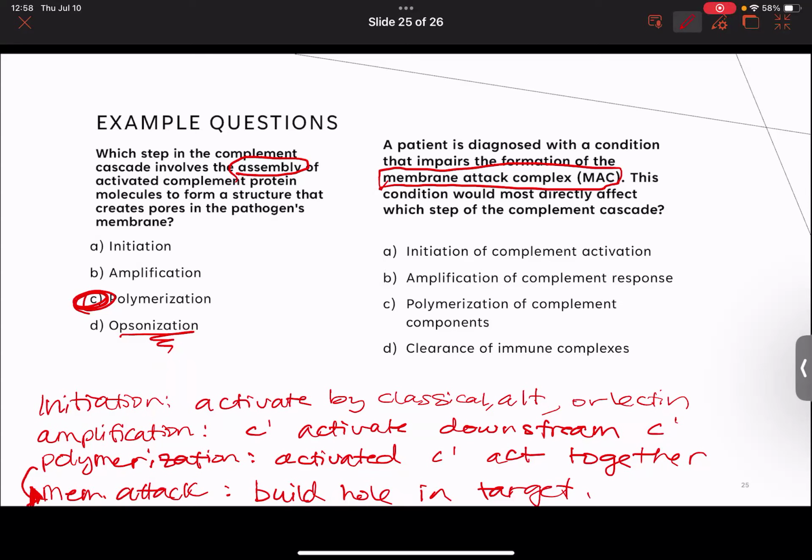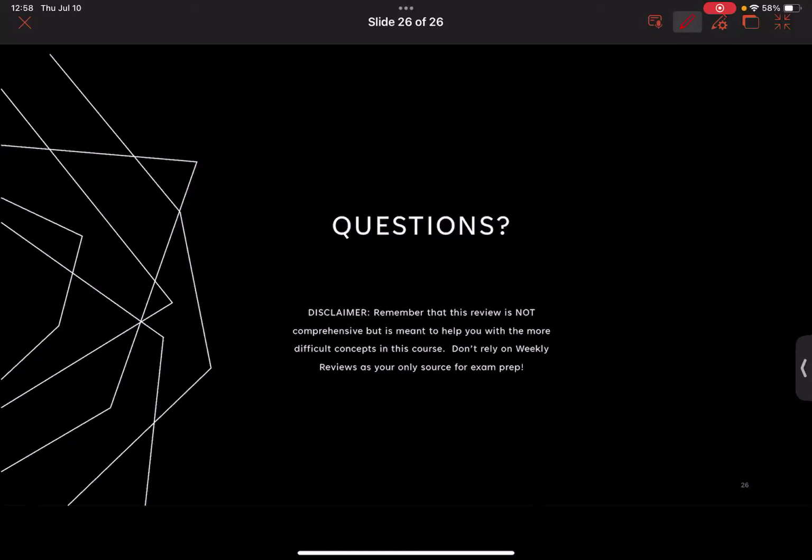So are we having a problem initiating complement activation? That's probably not it. Are we having a problem amplifying? That's also probably not it. It's probably C, polymerizing the complement components into that membrane attack complex, and clearing immune complexes isn't part of the issue here. That's a whole different aspect of how the immune system will function, which we'll get into more in chapter 17. All right, that is it.